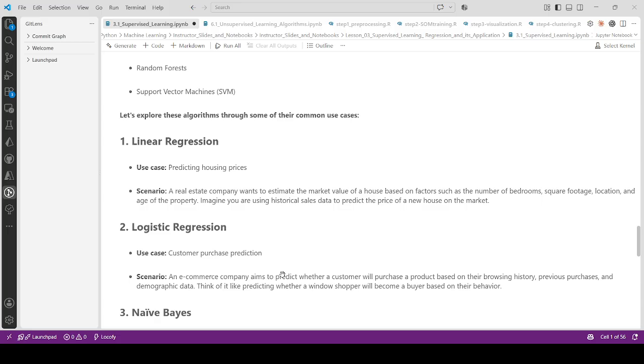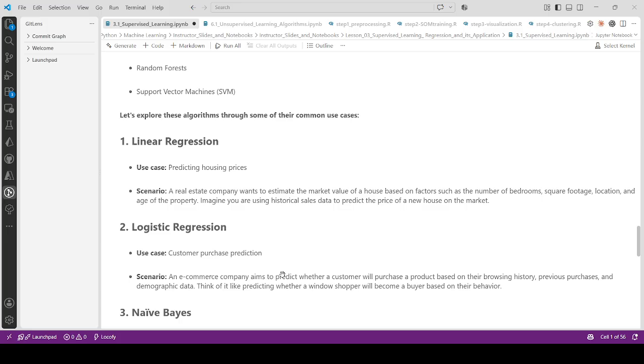When we talk about linear regression, in order to predict the dependent variable, we use some independent variables. That is linear regression. Basically it gives you regression outputs, like real or continuous values.